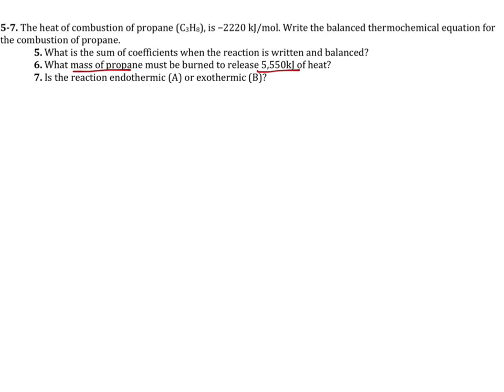And so we want to write a thermochemical equation. So we have C3H8, and this is going to react with oxygen gas because all combustion reacts with oxygen gas. And all combustion has oxygen gas as a reactant. And it will always produce water plus carbon dioxide.